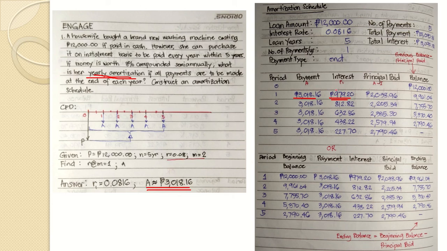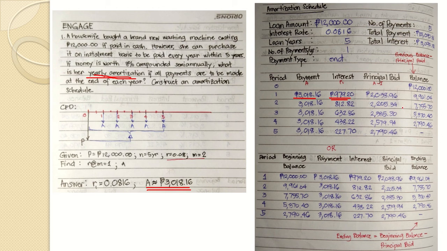So that's 12,000 times 0.0816, which gives 879. Then you subtract this, which means your ending balance at the end of the first period is 12,000 minus 2,036 plus this. Okay, so show all the calculations.